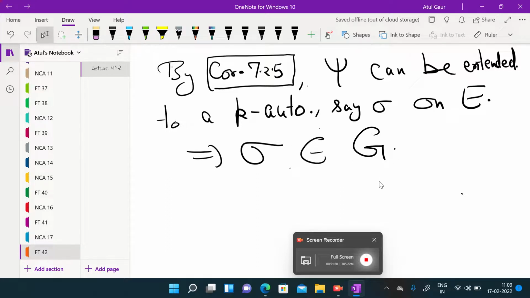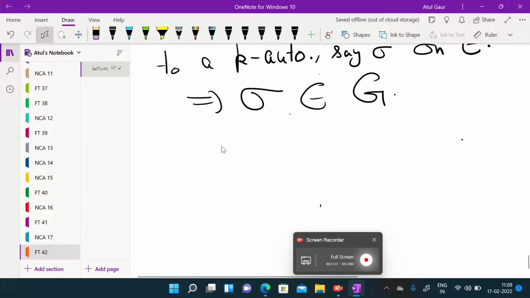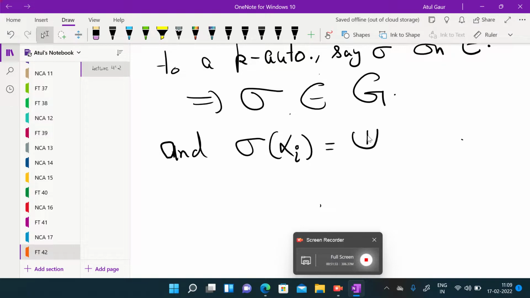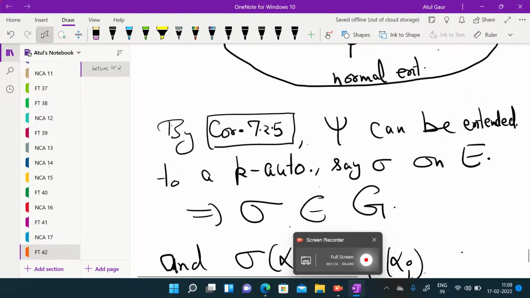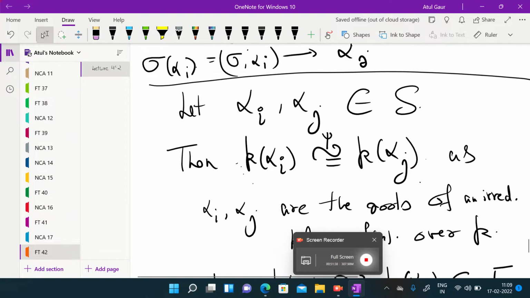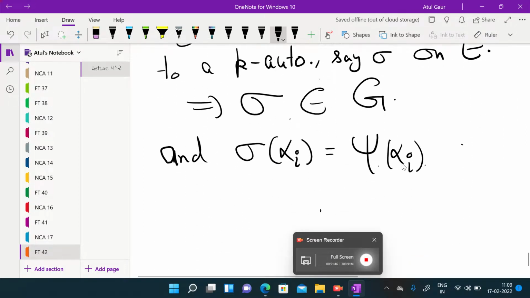Is that fine? And what is sigma(alpha_i)? Sigma is extending psi, so sigma(alpha_i) is psi(alpha_i). What is psi(alpha_i)? This isomorphism sends the root alpha_i to alpha_j, right? So psi(alpha_i) is alpha_j.